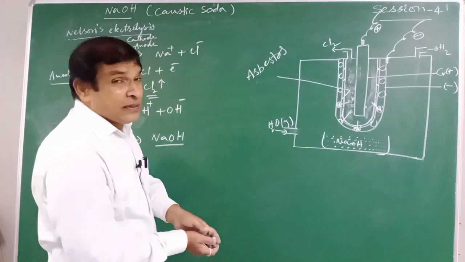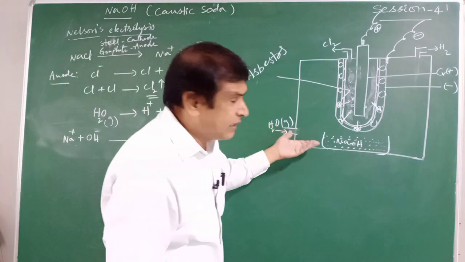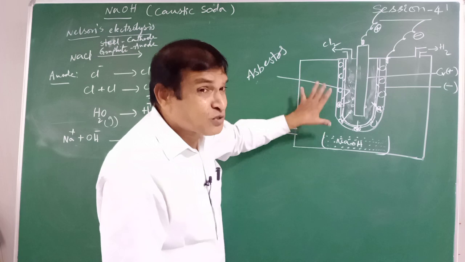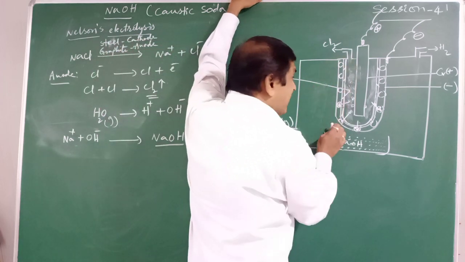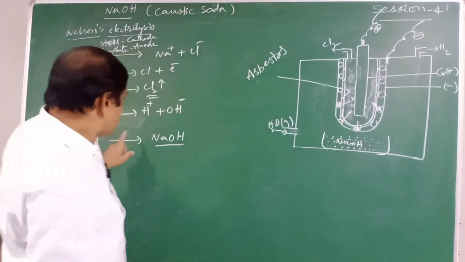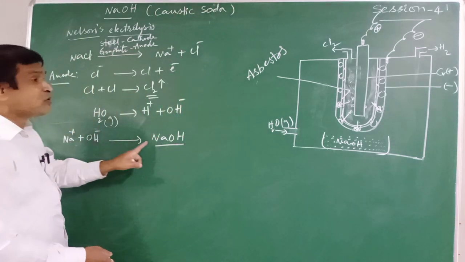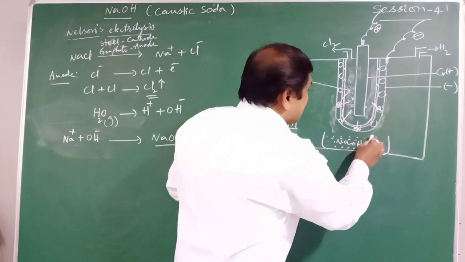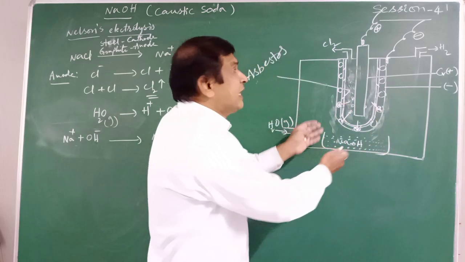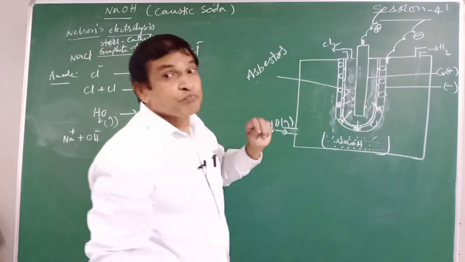When steam is allowed from the bottom of the cell, the OH- ions of steam combine with sodium ions and form sodium hydroxide. The sodium hydroxide formed in the reaction is collected in the receiver placed at the bottom of the Nelson cell.